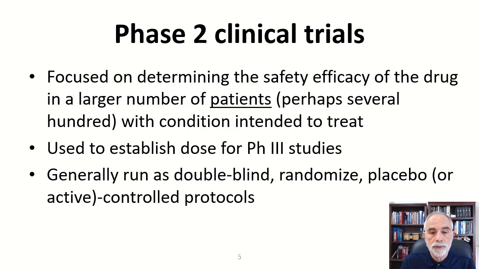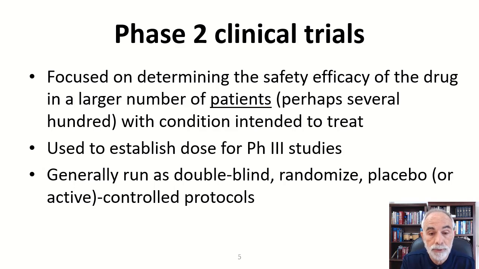Now, each one of these terms is very important to understand. Let me take a minute to explain it. Phase 2 studies and phase 3 studies are typically run double-blind, randomized, placebo-controlled. Double-blind means neither the investigator nor the patient getting the drug knows whether the person is getting the placebo or the active drug.